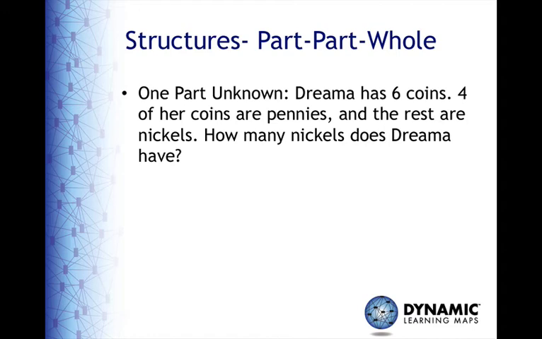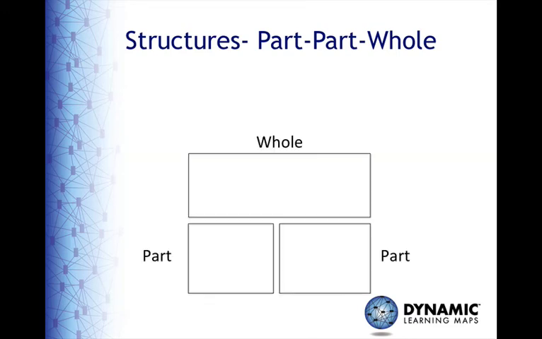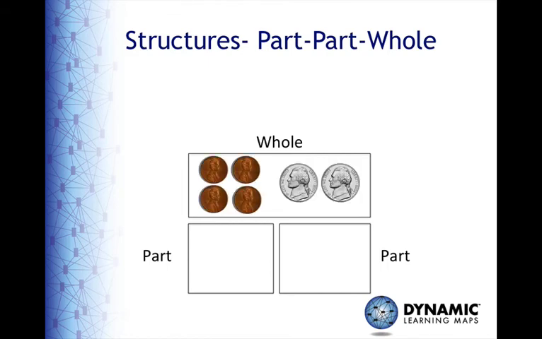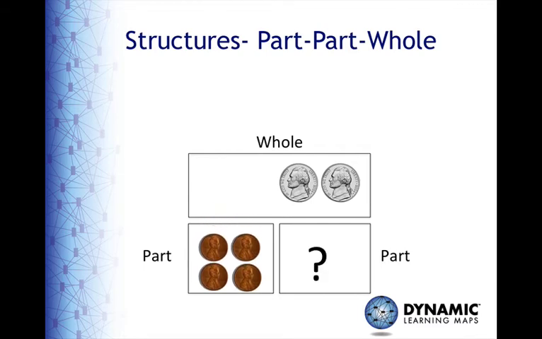So for example, in the problem, Dreama has 6 coins. 4 of her coins are pennies, and the rest are nickels. How many nickels does Dreama have? The student can see the whole and knows one of the parts. When they use manipulatives, it's easier for them to find the solution.